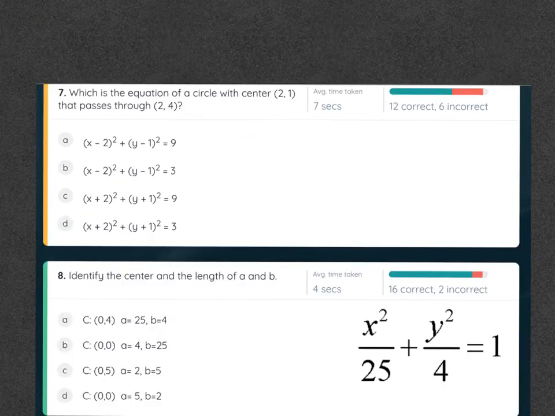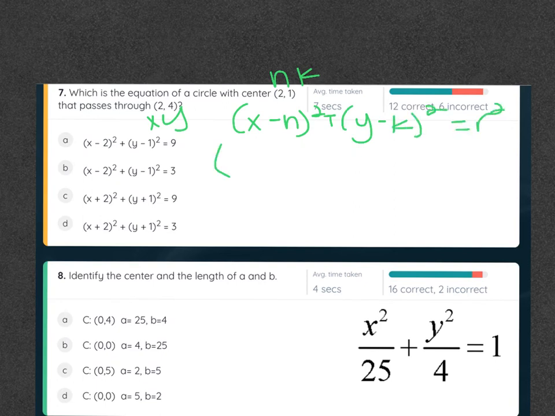For number 7, it says which of these is the equation of a circle with a center at 2, 1 that passes through 2, 4. So remember there's 2 ways to do these. One is by taking the h, k and the x and y and plugging it into the standard form. So x is 2 minus 2 squared plus y, 4 minus 1 squared equals r squared.